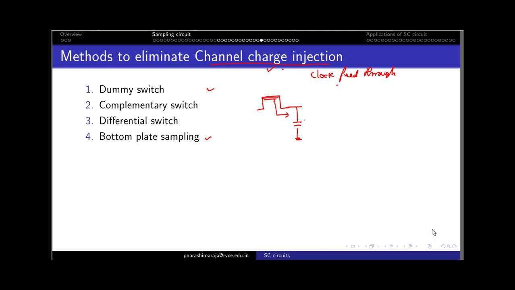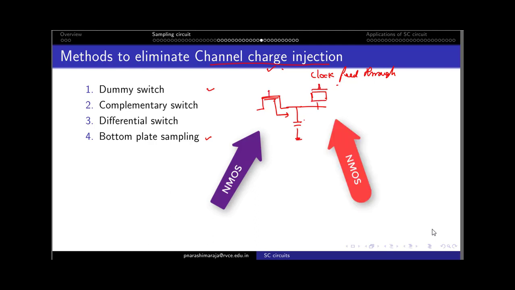So by making use of a dummy switch, I want to utilize these charges to create the channel that is required by the dummy switch. This has to be operated with a different signal. For example, if this is my phi 1, then I need to operate this second transistor, which is M2, by phi 1 bar, basically non-overlapping clock signals.